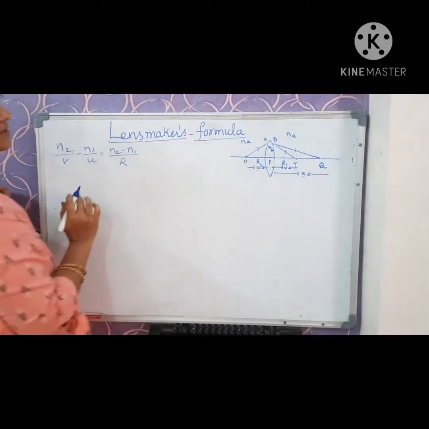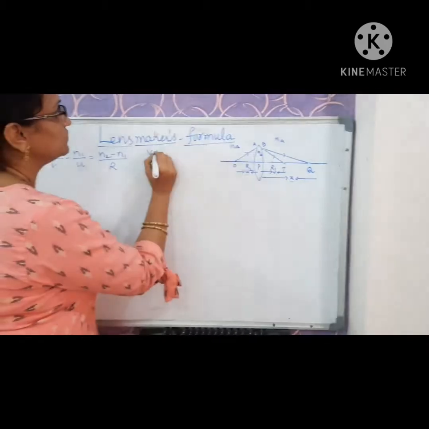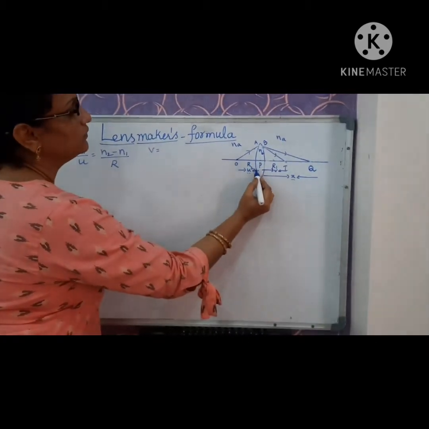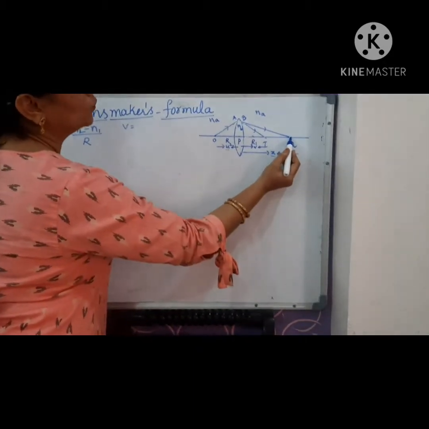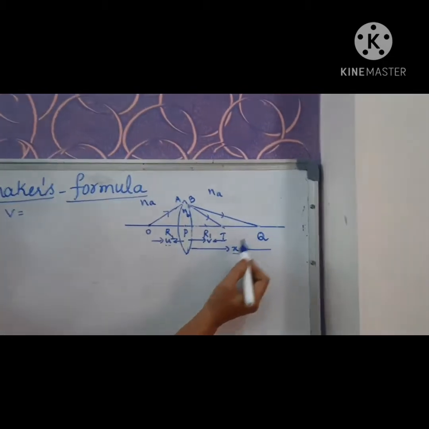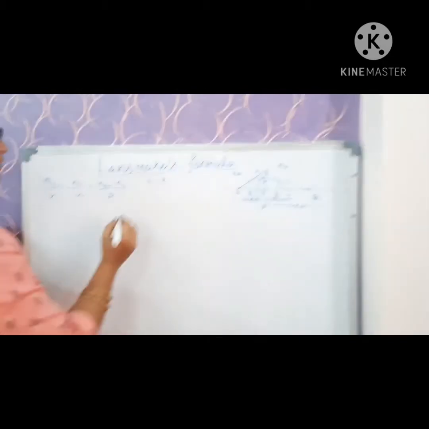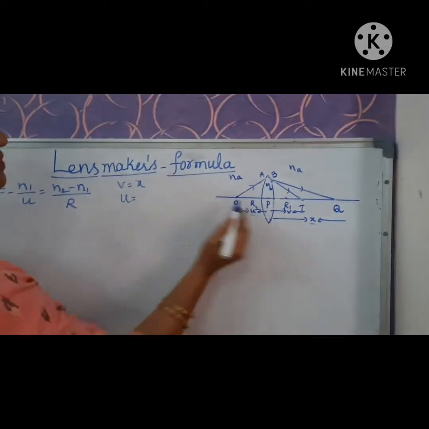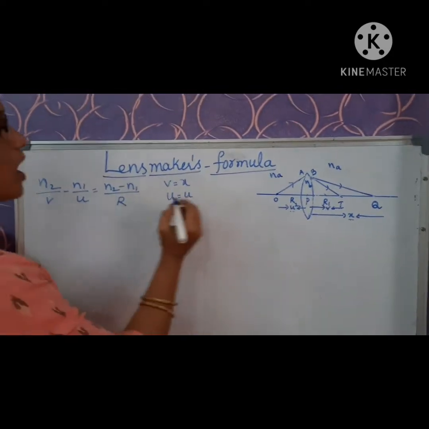So for this equation, let us write what is V. V is the image distance. For the first case, if there is only one curved surface, then the image will be Q. So the image distance from P to Q is X. And the object distance is U. And what is R?